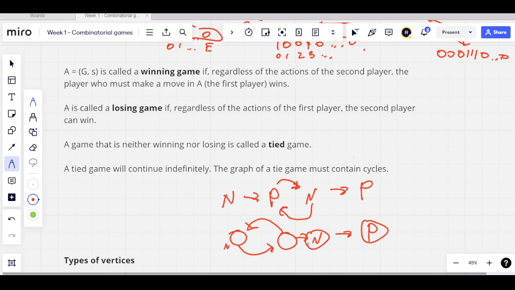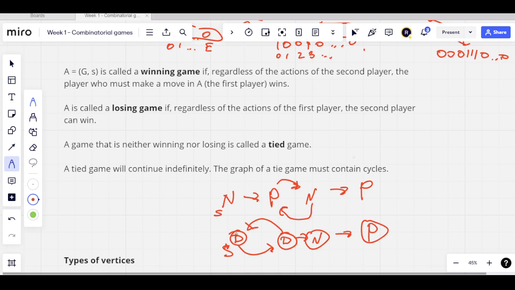Notice that in this situation, if this is the start vertex, we can go around this cycle forever.